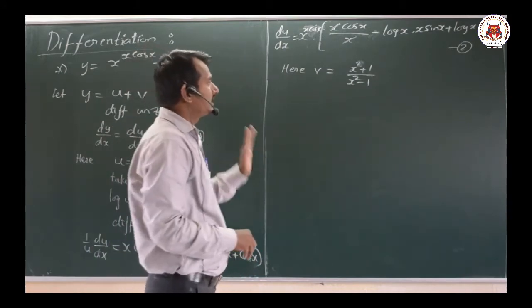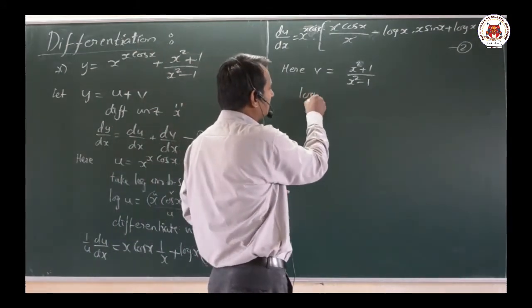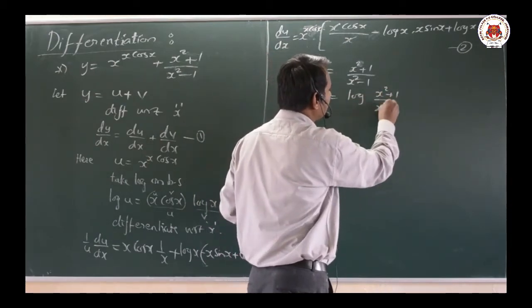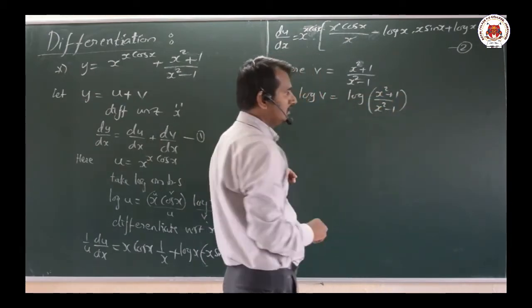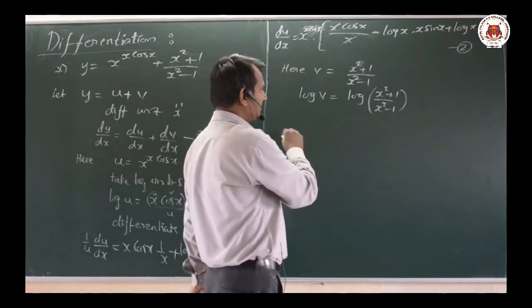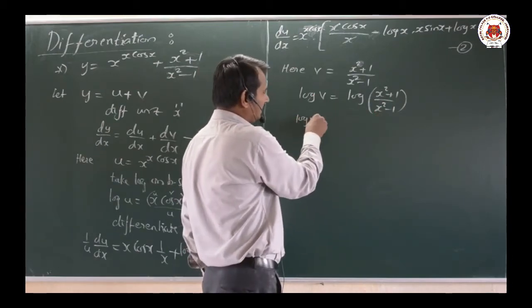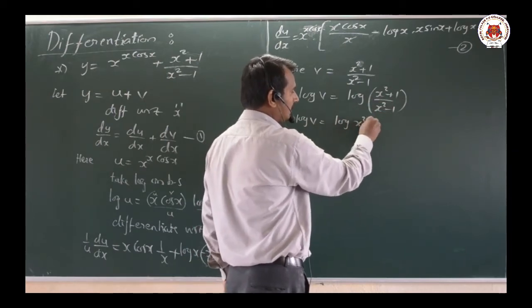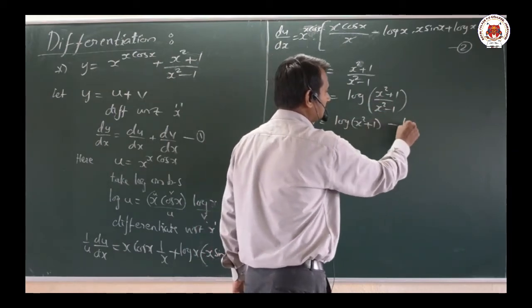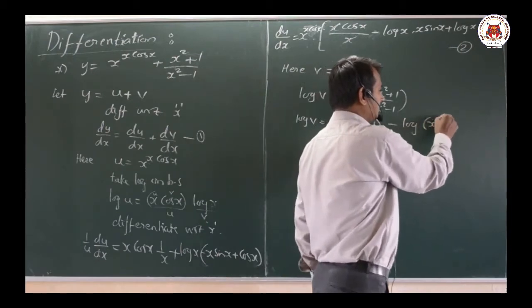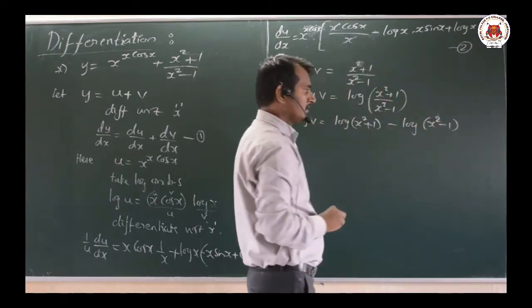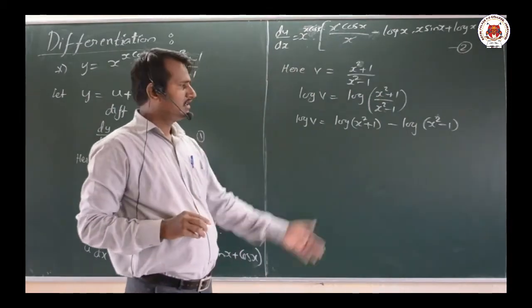So here taking logarithm will be simple, that is log v is equal to log of x square plus 1 divided by x square minus 1. Log v equal to log a by b. Log a by b means log a minus log b, that is x square minus 1.